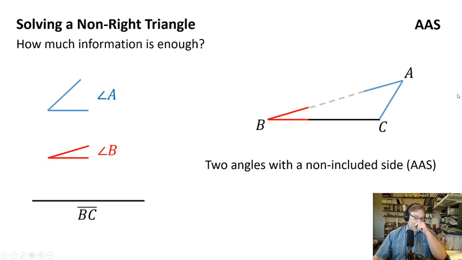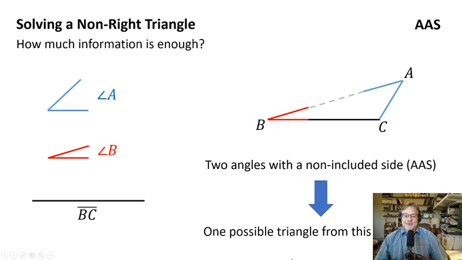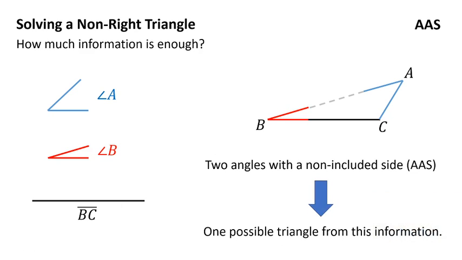In the same way, you can figure out the rest of a triangle if you know two angles and one side. And there's only one possible triangle from this information.